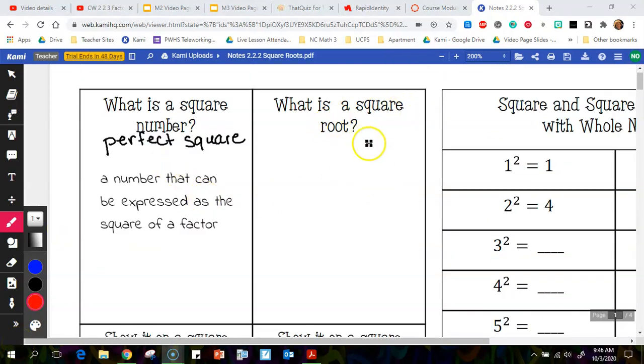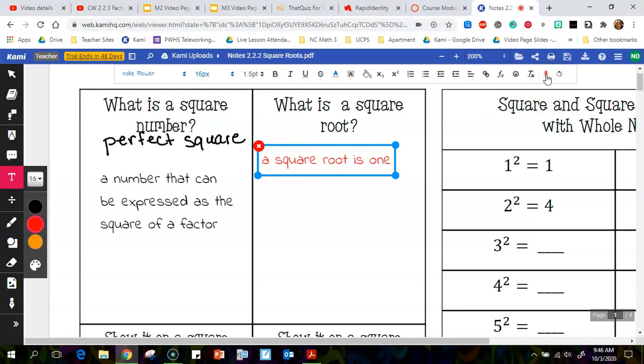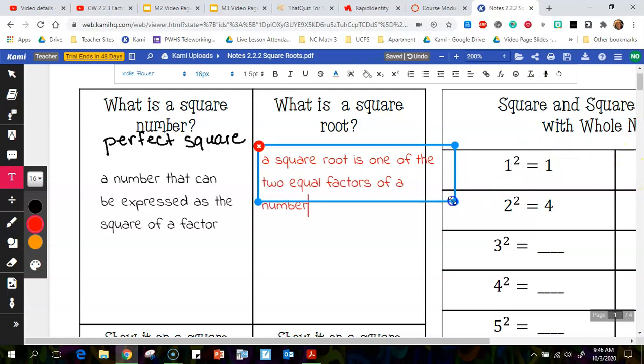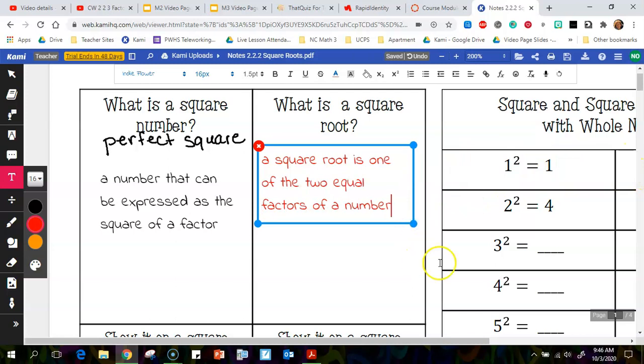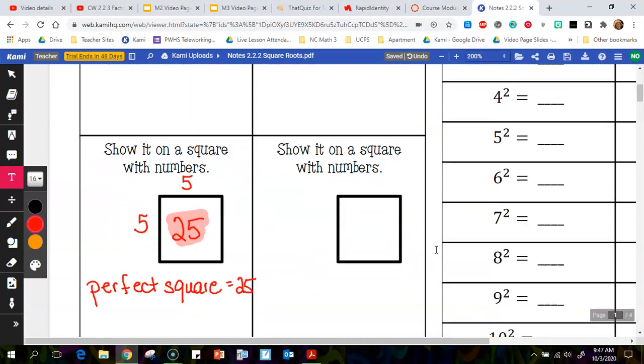A square root, we're going to define this. A square root is one of the 2 equal factors of a number. So if we're talking about the factors of 25, for example, the equal factors, the factor pair that has the same number times itself, would be the 5s for a 25.